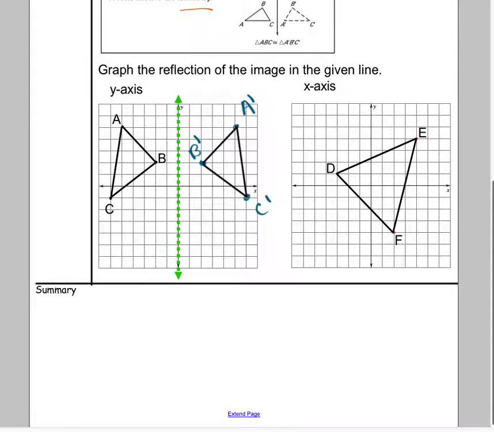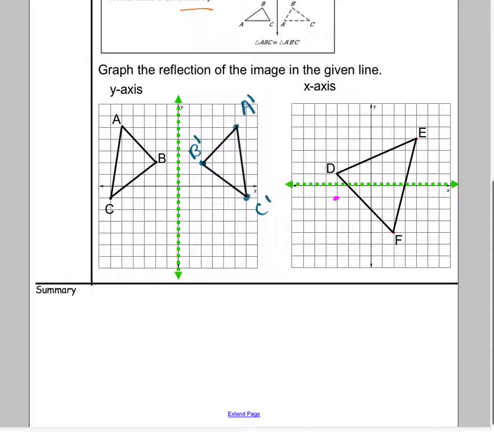The next one, we're reflecting in the x-axis. The one in the y-axis wasn't going over that line, but this one is. So it's good to practice one that's overlapping the line. So on this figure, D and E are currently above the line. Their new ones will be below it. F is currently below it, and the new one will be above it.